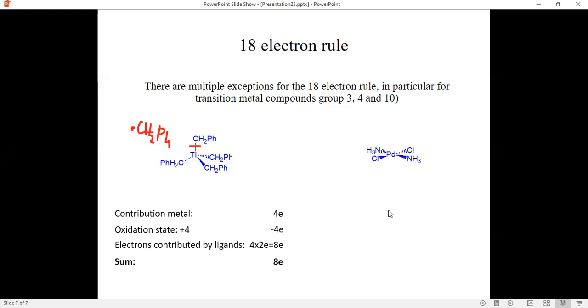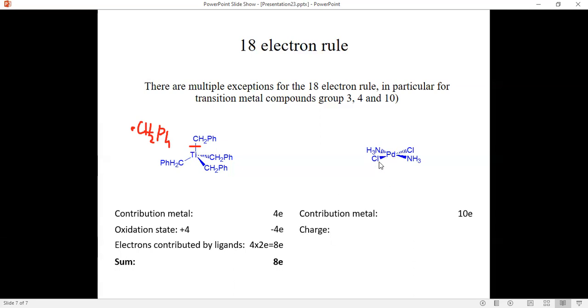All right, then here we have a group 10 complex, which is very similar to the platinum complex that we looked at previously. In this case, we have 16 valence electrons because the metal contributes 10, that's palladium.